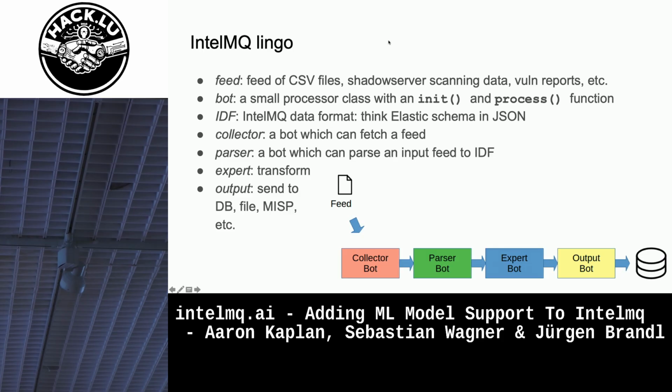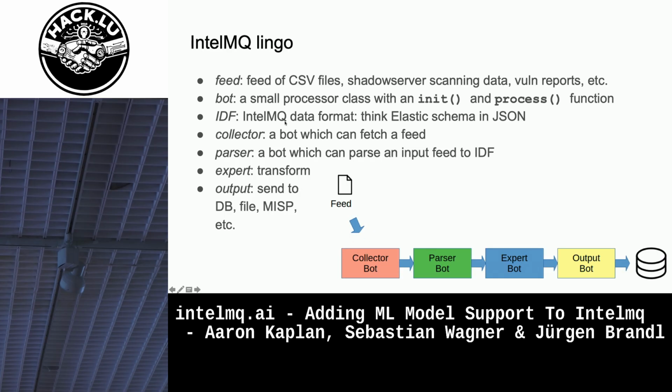Just to help you follow the talk, I summarized a little bit the lingo that we use in intelmq. A feed is something that comes in, like a CSV file, Shadowserver scanning data, vulnerabilities. This IP address is vulnerable to being a DDoS UDP, DNS amplifier, things like that. A bot is a small program that can actually do something.